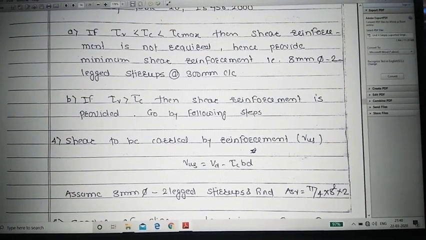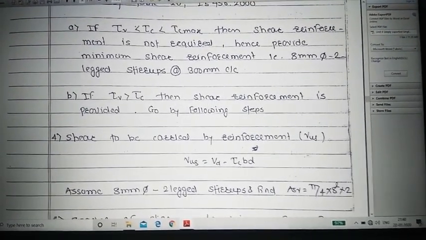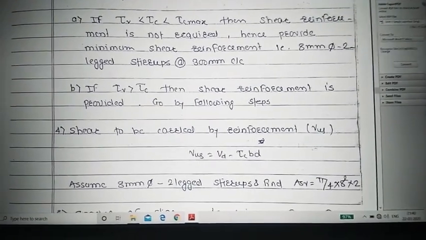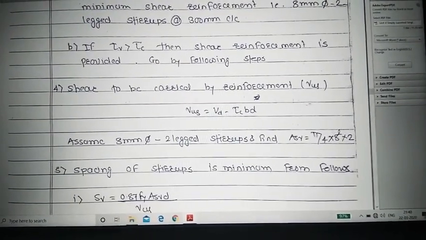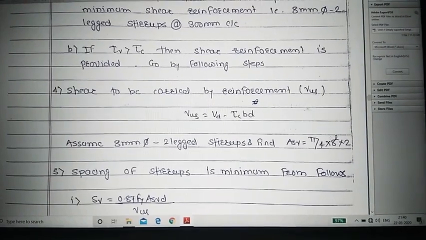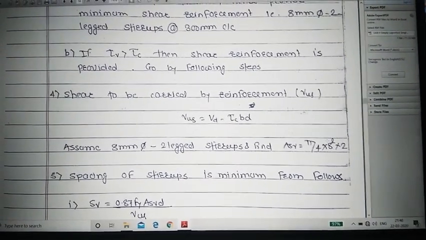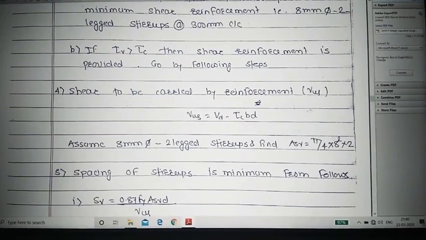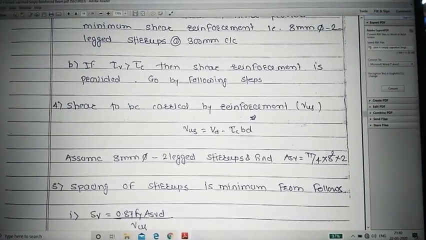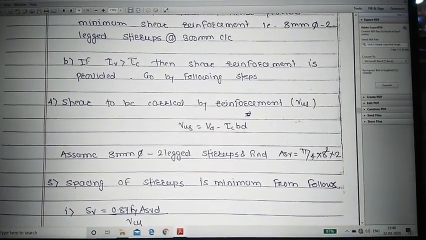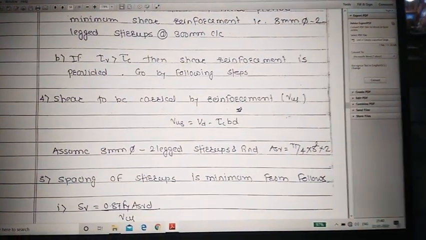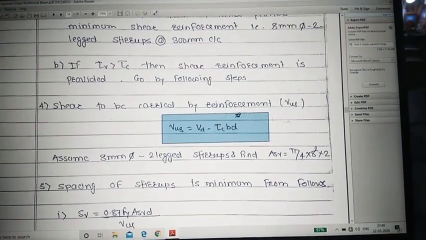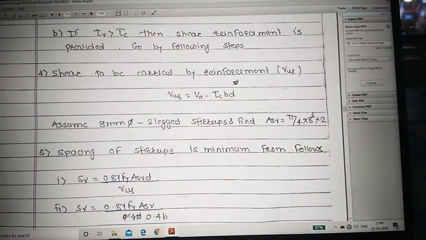But if your tau v is greater than tau c, then shear reinforcement is required, and then use the following steps, point number 4, that is shear to be carried by reinforcement. For providing the shear reinforcement, first we should calculate the shear carried by reinforcement, and the formula is Vus equals Vu minus tau c bd.